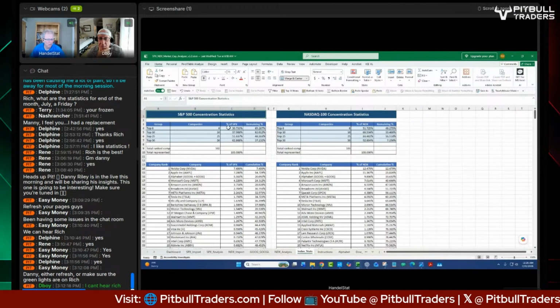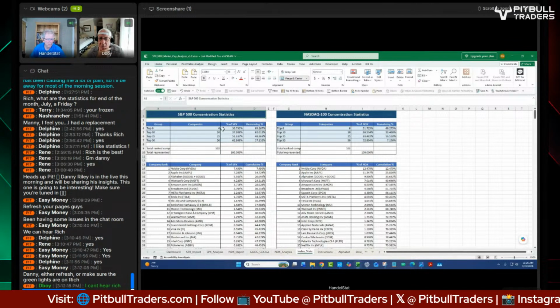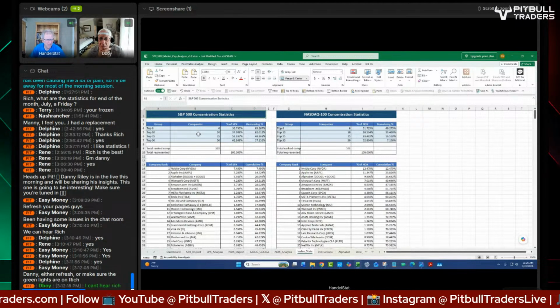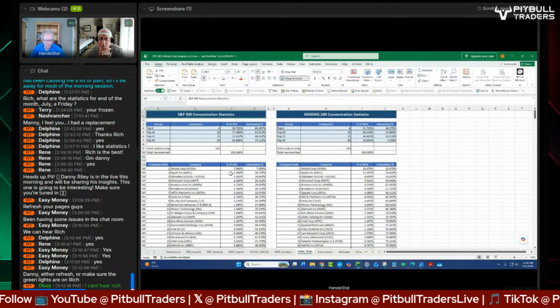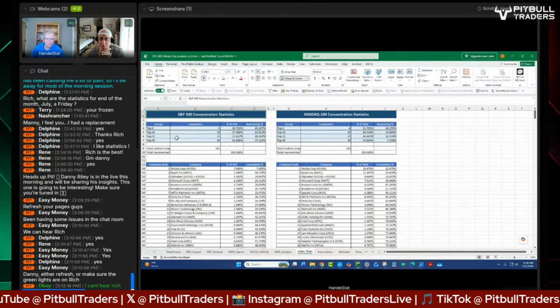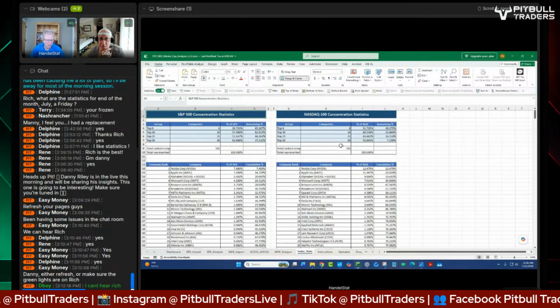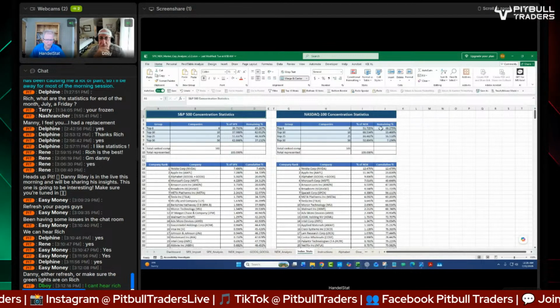This is as of last week, I think, and I'm going to update this. I'm going to start updating this on a regular basis then. And I thought I could add other stuff to it. But top 10 in the S&P, top 10 in the 610, and here's the percentage of the index.